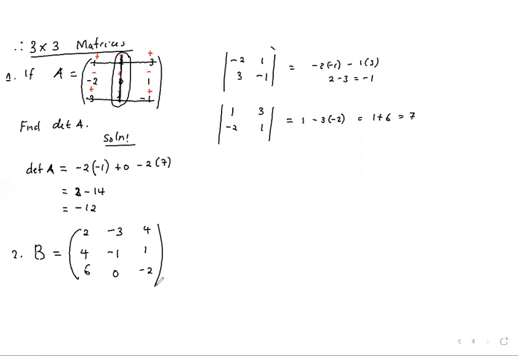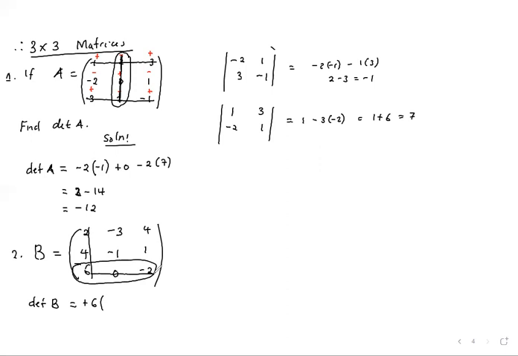So determinant B is equal to, we now want to use the third row and see if we get the same solution. Whenever I'm at an entry, the invisible sign is positive. So I have positive 6. And then I'll cut this line and also this line. What I remain with, I'll get the determinant.